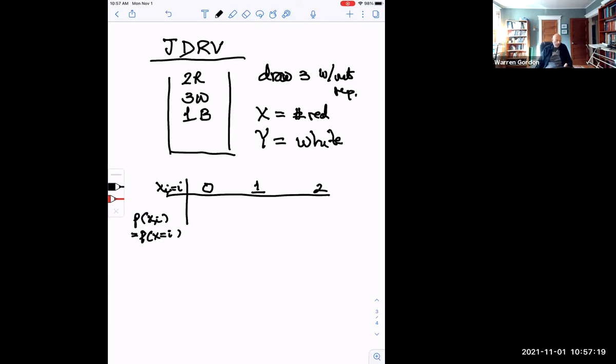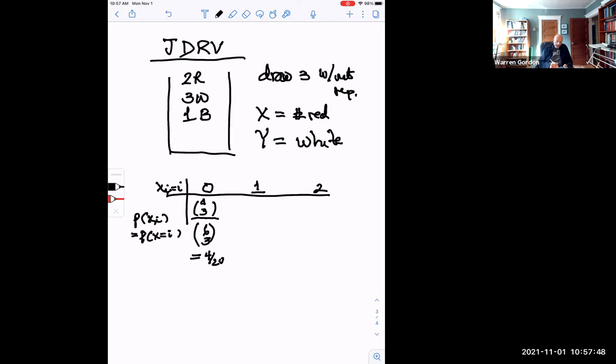So if we look at the number of red marbles we get, we know, well, there are a total of 6 marbles here. So the probability of getting no red means I'm drawing 3 marbles from the 3 white and the 1 blue. And that, by the way, turned out to be equal to, I think it's 4/20.